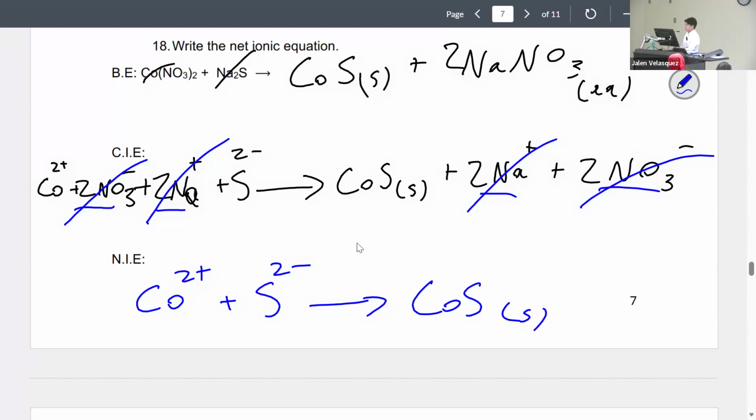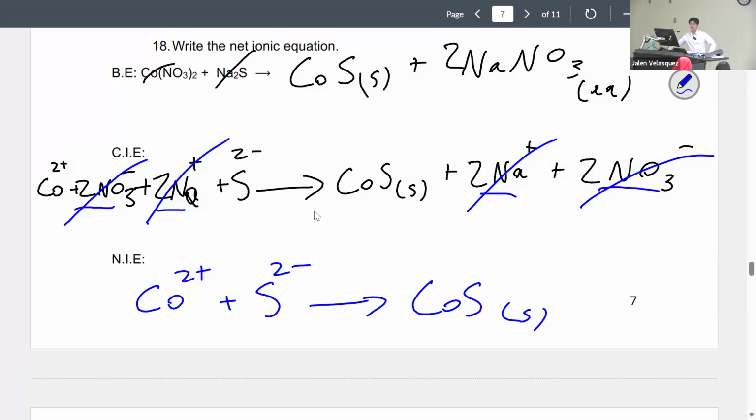And so the reason they're called spectator ions, right? They're just spectating, they're just watching, right? They're not contributing anything to the net reaction, to that net equation, right? So the analogy that I use is if I'm at a Mets game, right?